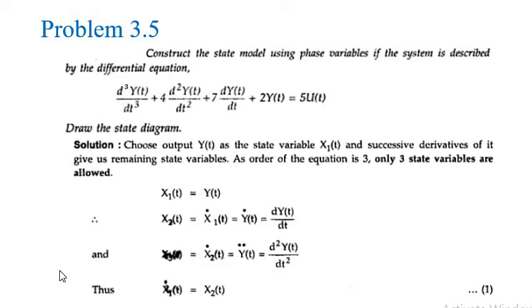From these substituted values you can see that x1 dot will be equal to x2, since x2 is chosen as the first order derivative of x1. So it can be written as x1 dot of t will be equal to x2 of t.